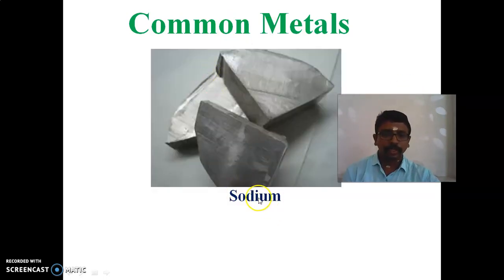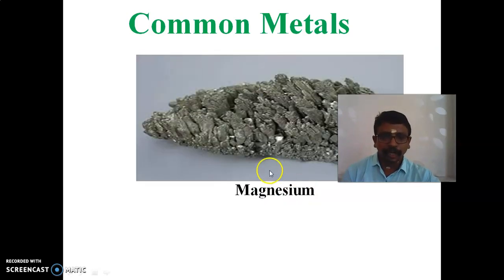And next is sodium. The symbol for sodium is Na. It also has the lustrous property and is very hard. And magnesium. You can see here the magnesium has the shining property, that is, it is lustrous, and it is very hard.